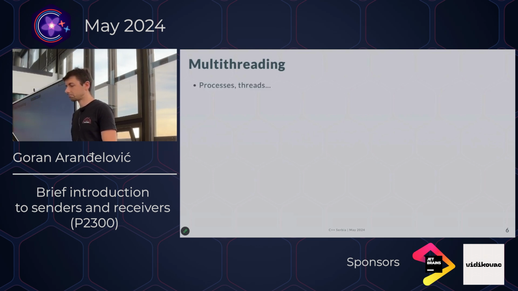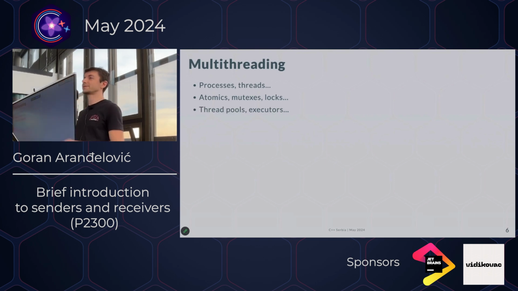And we use all of these primitives every day: processes, threads, atomics, mutexes, locks, thread pools, executors in some form or fashion. And of course, as George was presenting at one of the previous meetups, we use lock-free data structures as well. I think that this is 90% of our vocabulary when we are talking about multi-threading.